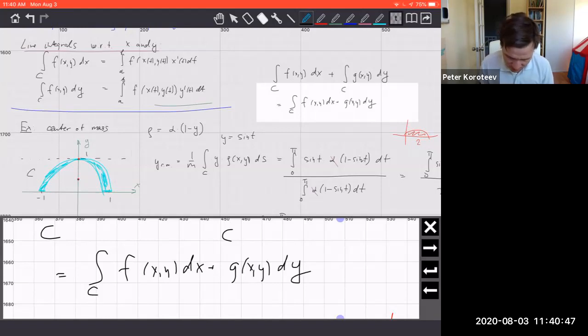This integral should be understood in the above sense. It's a linear operation, a linear functional, so you first integrate the first part, then you integrate the second part.